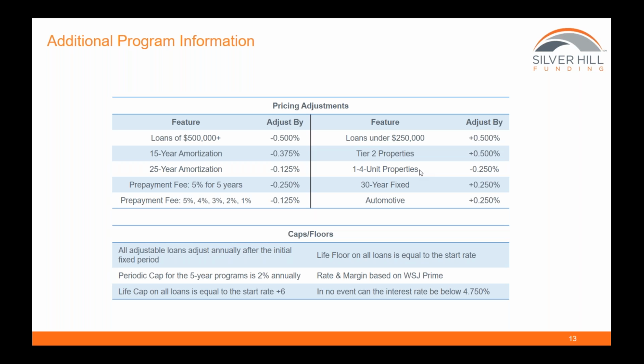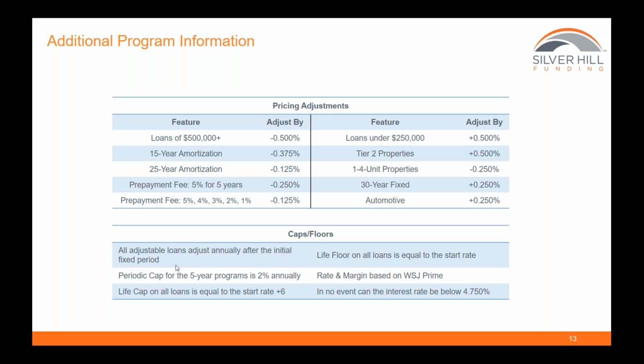We are not originating those at this moment. More to come on that in future webinars. 30-year fixed, 25 basis points, and finally automotive properties, 25 basis points. This is where we adjust for risk. And the improvements are things we want to see more of, which is why we make the rate better.